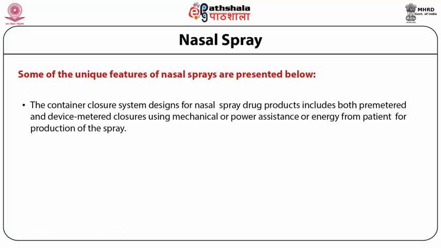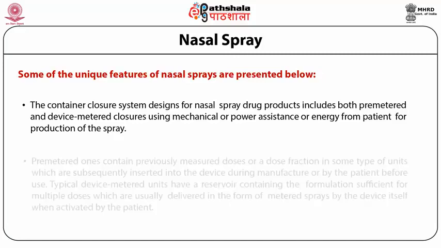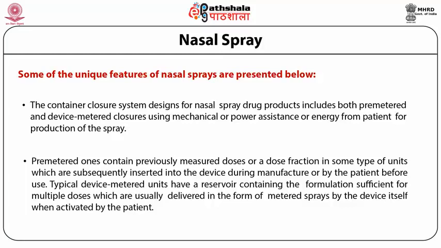The container closure system designs of nasal spray drug products include both pre-metered and device-metered closures using mechanical or power assistance or energy from the patient for production of the spray. Pre-metered ones contain previously measured doses or a dose fraction in some type of units which are subsequently inserted into the device during manufacture or by the patient before use.